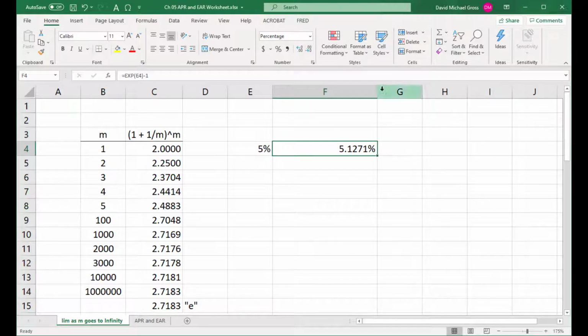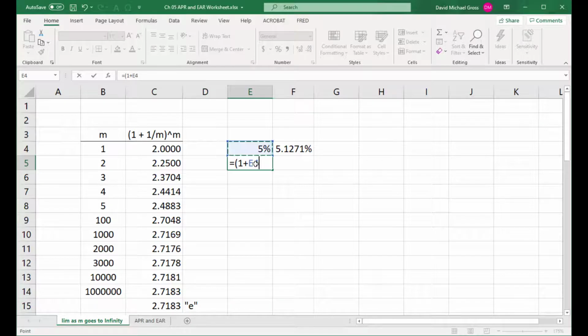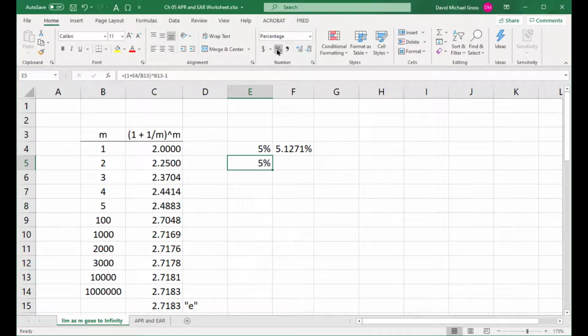And what that means is that the equivalent of earning 5% compounded some really, really large number of times, so let's just do it. This is going to equal 1 plus 0.05 divided by, and let's have this be 10,000 compounding periods, brought to the 10,000th, and then subtract 1 is going to equal 5.1271%.